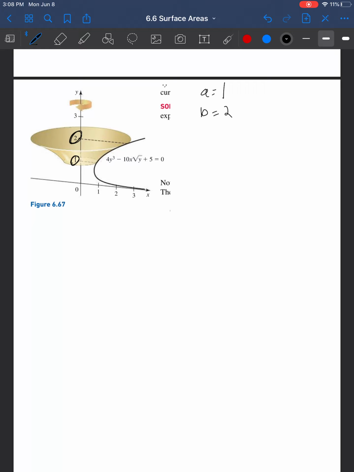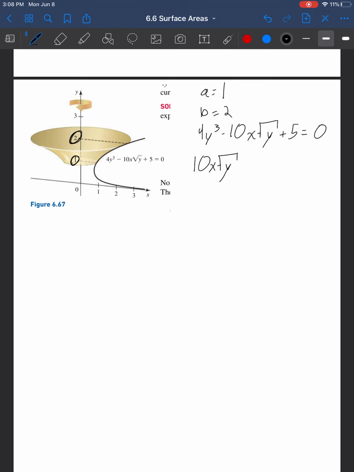Now, this function we have is not in terms of y, it's mixed variables, but we can take this and solve for x in terms of y to get our specific function. So in particular, we have 4y cubed minus 10x square root of y plus 5 equals 0. To get x by itself, we want to isolate all of the x terms and then divide.